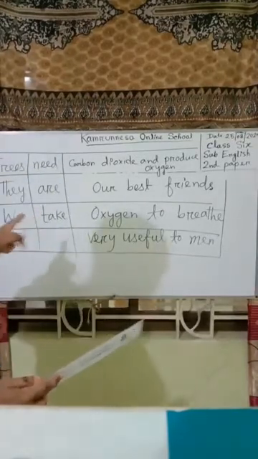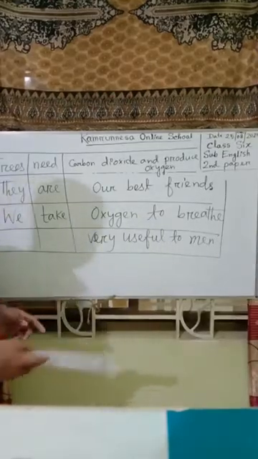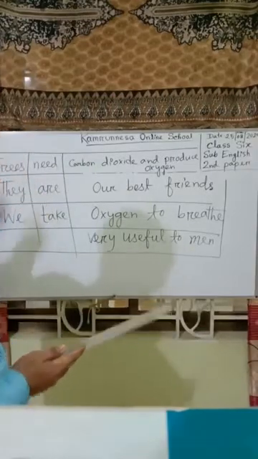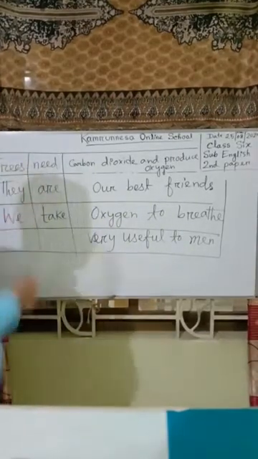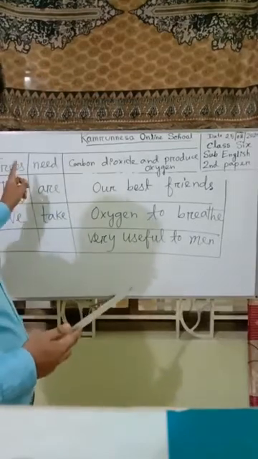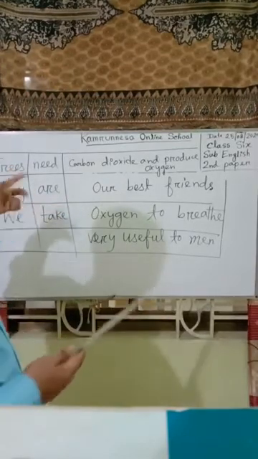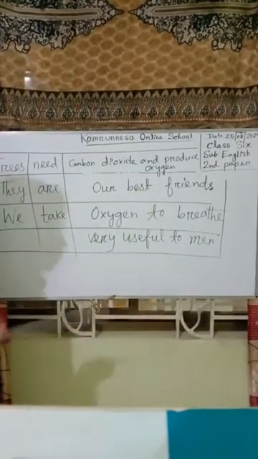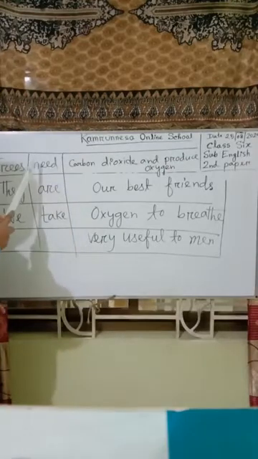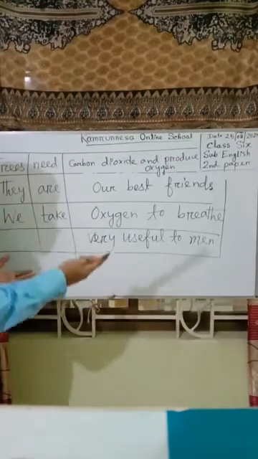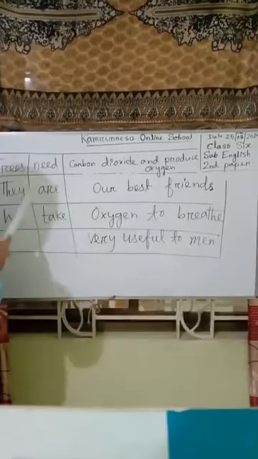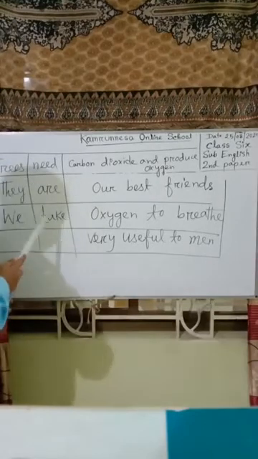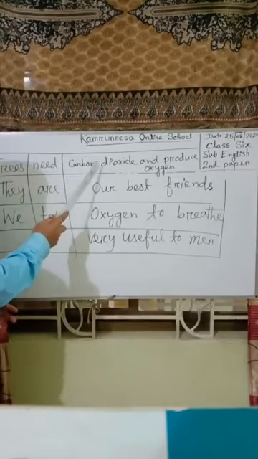So we can use trees as the main subject at the beginning of the starting line. So what can we do now? Trees need, if we use need, what comes next? Trees take can be used. Trees take carbon dioxide and produce oxygen.